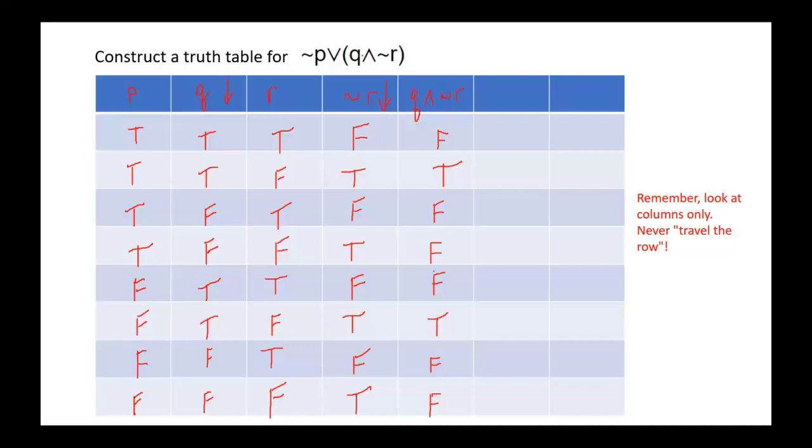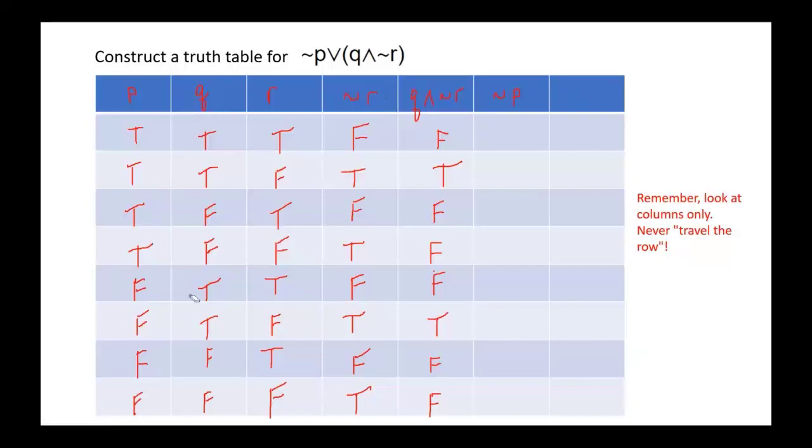Okay, now to move outside of this, I'm going to have a connector of an or, but I'm going to have to connect that to a not P, and I don't have a not P column yet. So I'm going to create a not P column. Now, for this column, again, I only want to base what that is on the one column I want to look at.